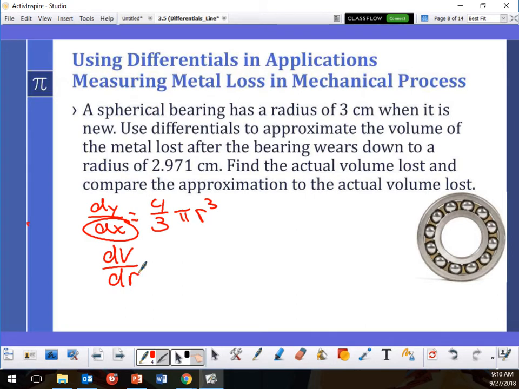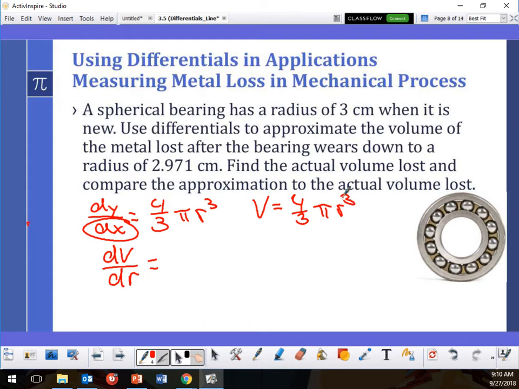We're talking about the volume, so that's why it's dv, and dr is what we're actually going to be deriving for. Because right now I only have the volume formula, 4/3 pi r cubed, and I'm trying to find how it changes.